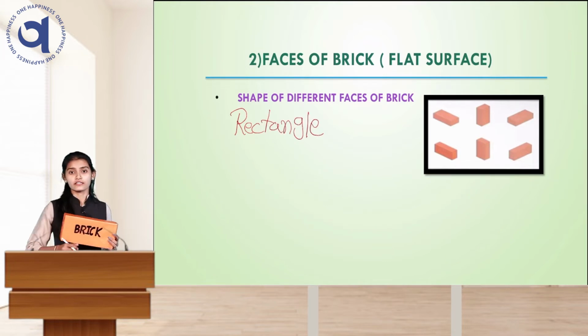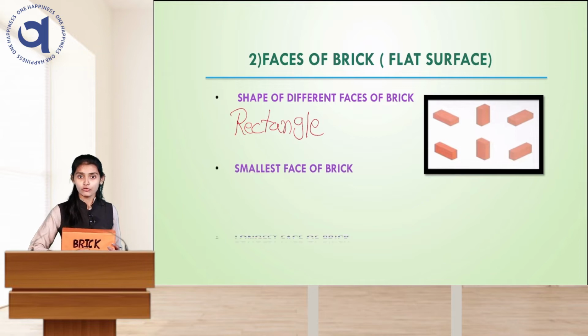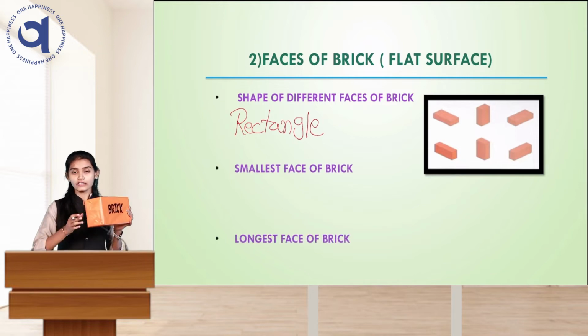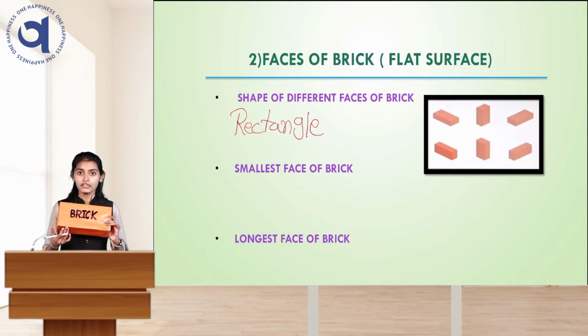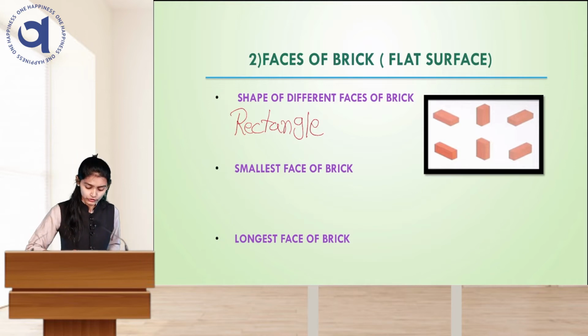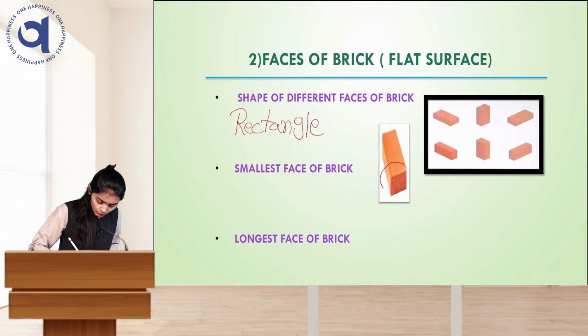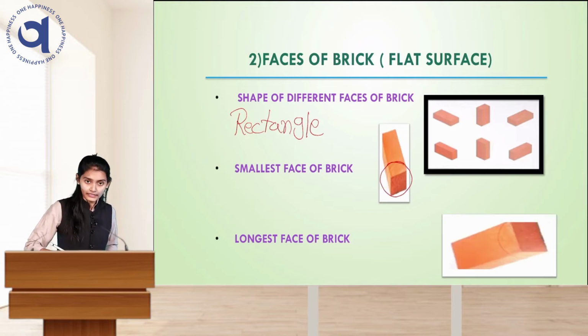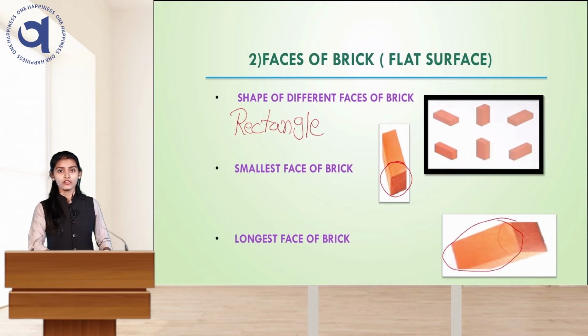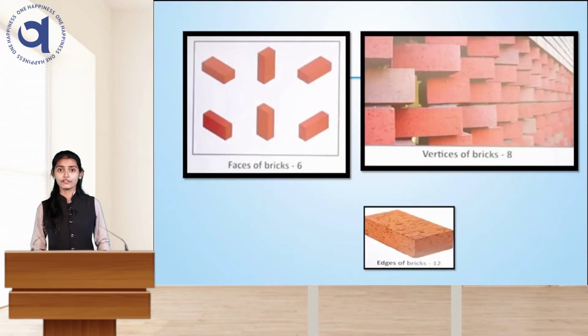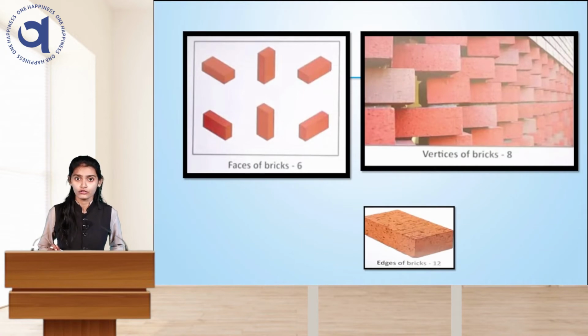Now next question is smallest face of brick and longest face of brick. So it is a smallest face of brick and this is a longest face of brick. So you can see in picture also. Here it is a smallest face of brick and here it is longest face. Apart from faces, we have vertices and edges also.